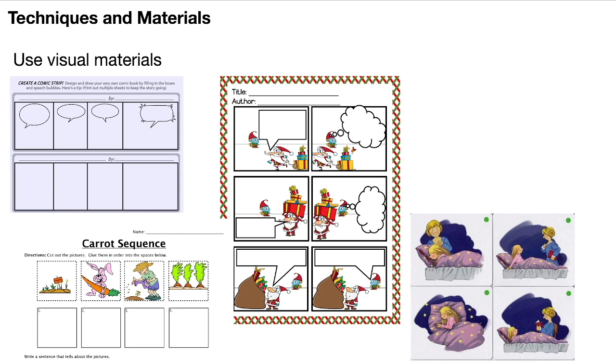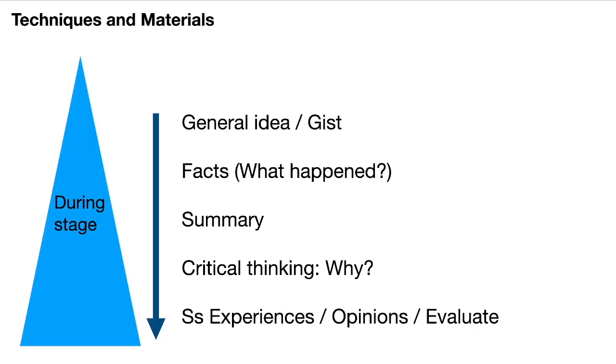Okay, also use visual materials, things like images, comic strips, webtoons, drawing, matching, sequencing, and so on. And in the during stage, think about this kind of sequence from general idea and gist to facts, to summary, to critical thinking, and then perhaps finishing with students' experiences, opinions, and evaluating.